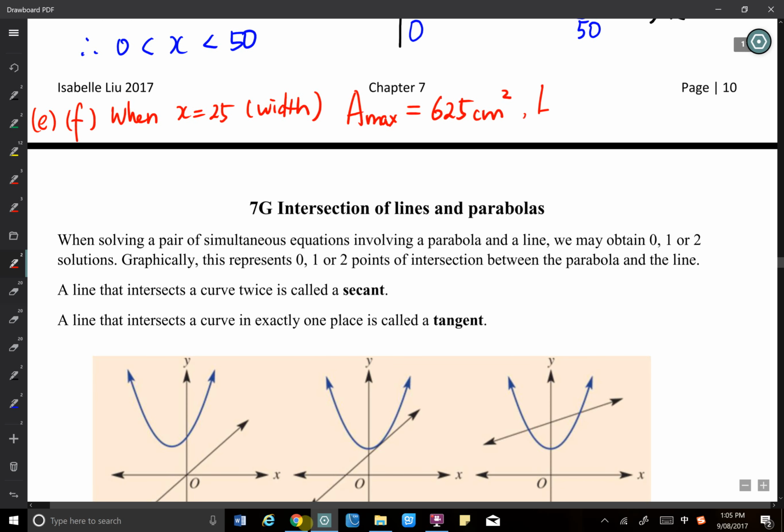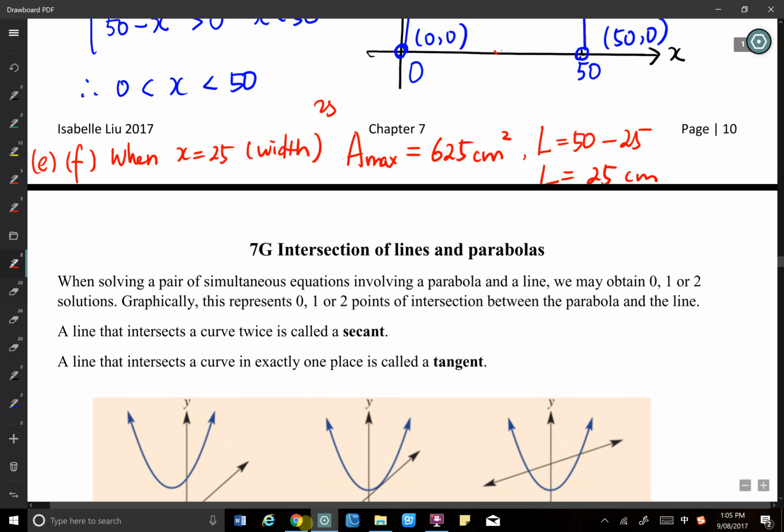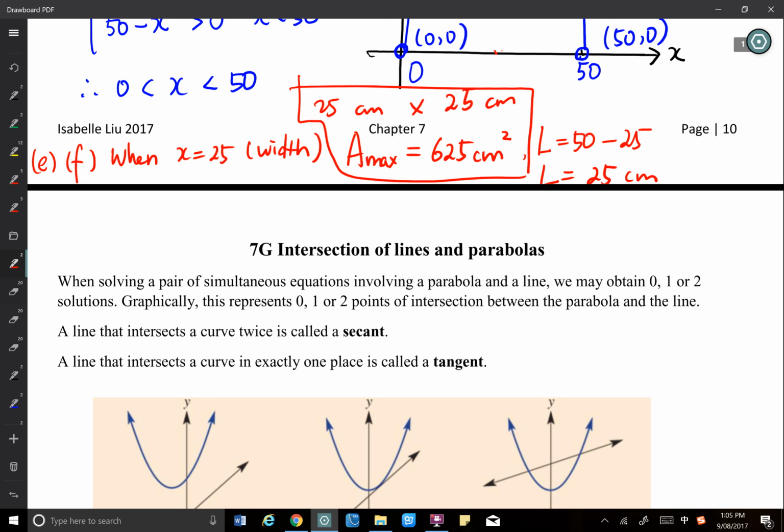Then length equals 50 minus 25, so length equals 25 centimeters as well. Then the dimension is 25 centimeters times 25 centimeters, and that will give you a maximum area of 625.